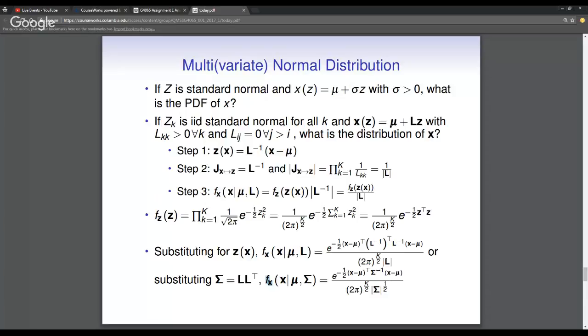The product of them is some multivariate distribution, and then you apply some function of these IID things to get new random variables that are not independent of each other, because the transformation induced dependence between them. And then you have to work out what the PDF of X is starting from the PDF of Z. That's how pretty much all multivariate distributions came into being: transformation of IID univariate random variables.